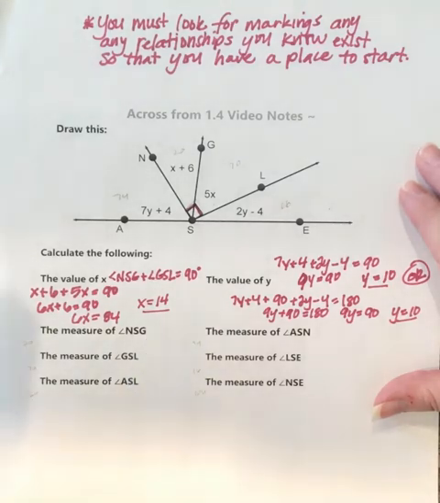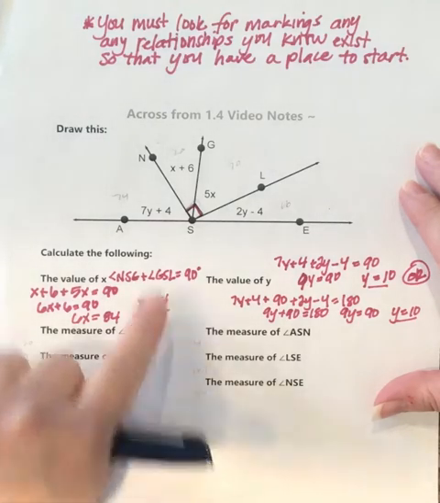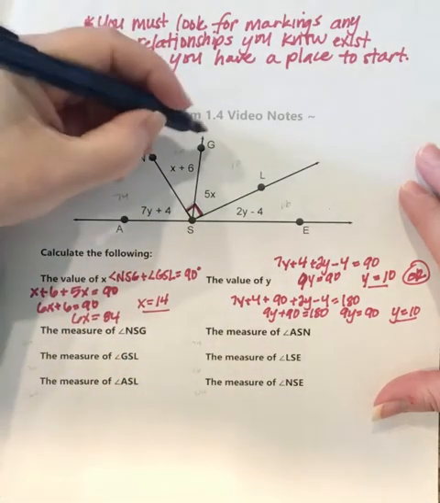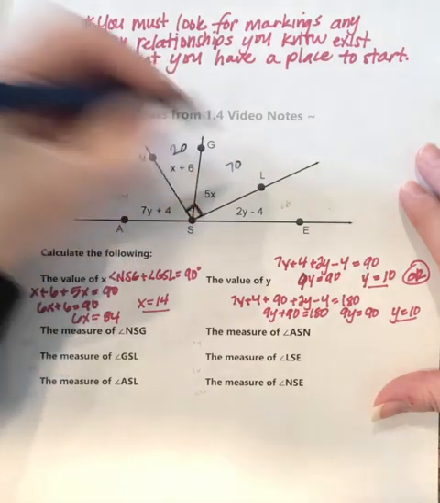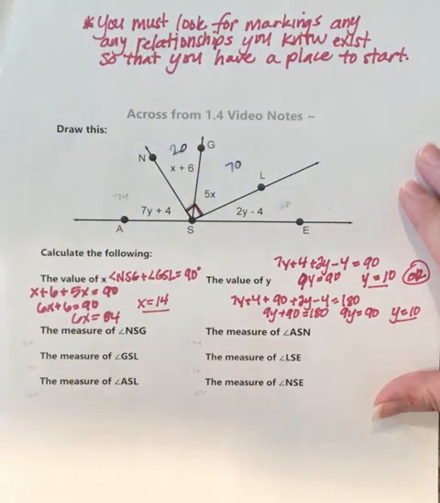Now what I think is helpful is as I go along, I try to fill in these degree measures because I never know if I'm going to need to use a number for something. So if x is 14, 14 plus 6 is 20. And x right here, if x is 14, then 5 times x is 70. So I may as well just mark that down so that I have it in case I need it.